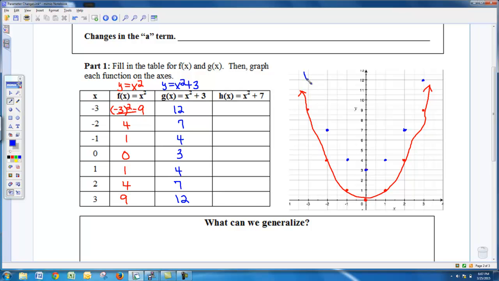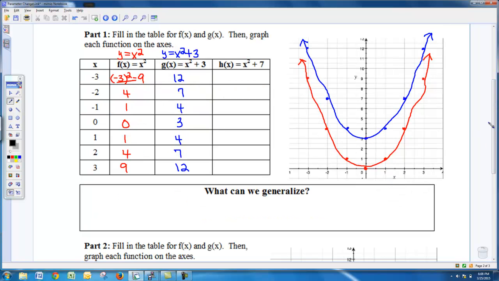And again, the parabola has that nice U shape. Okay, so what is the difference between these parabolas? Focus on the vertex. How has the vertex of the parabola changed?